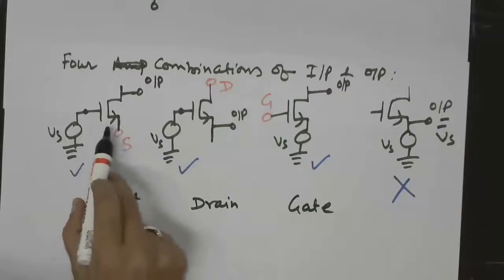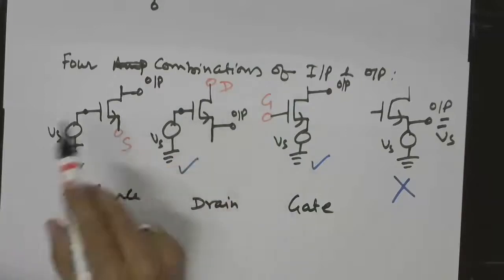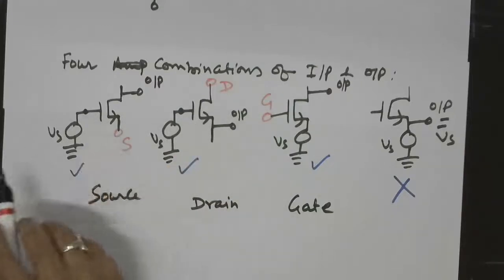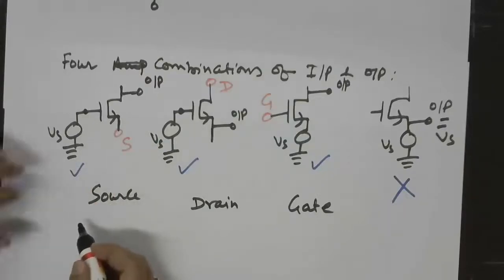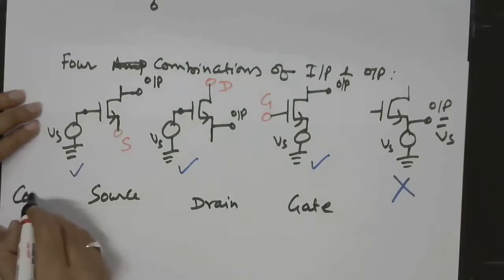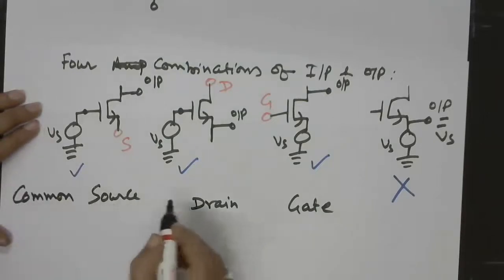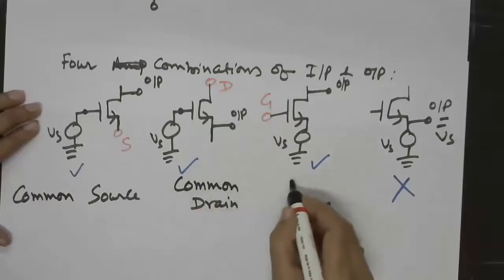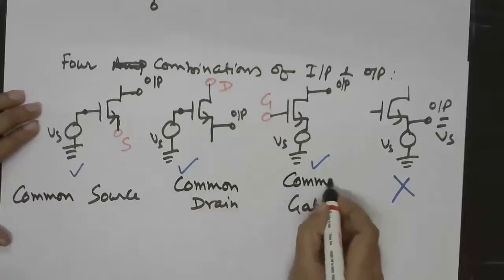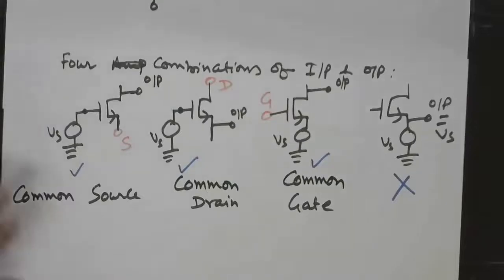So as I pointed out here, apparently they are not being used, but when you see the complete circuit, they will actually be present in both the loops. So from that point of view, a word common has been added to all these names, right?